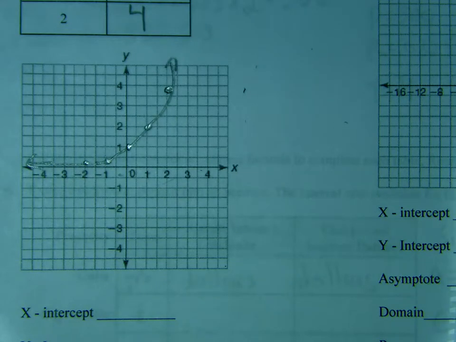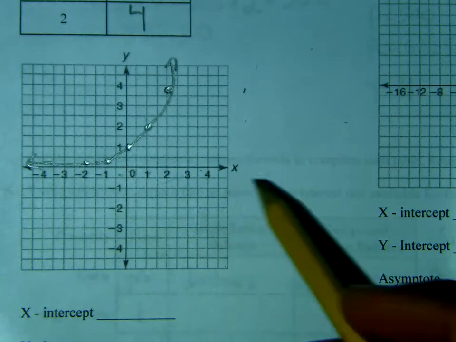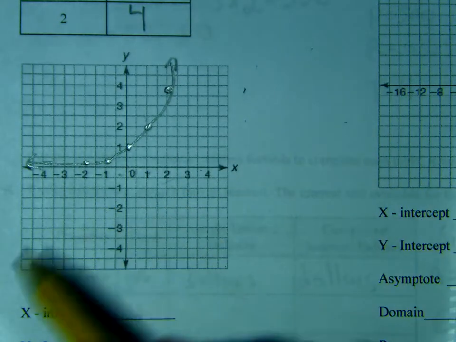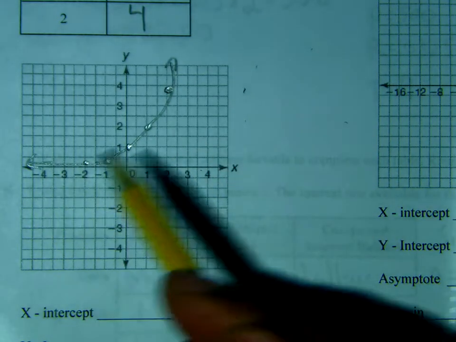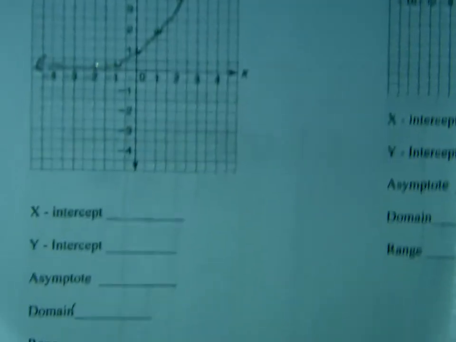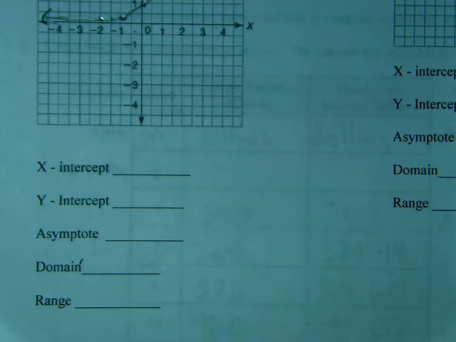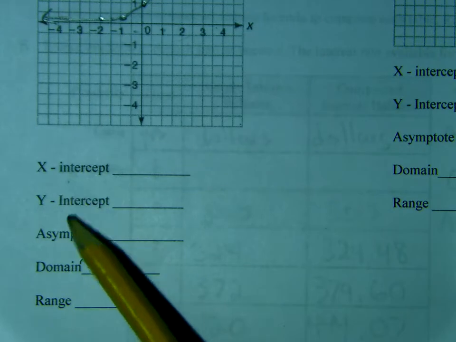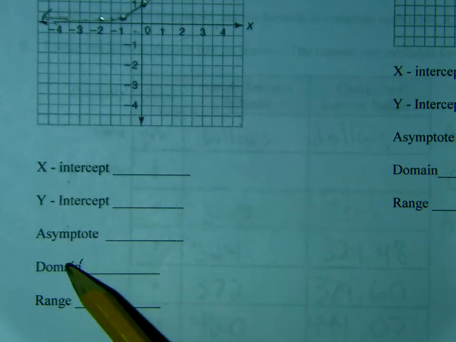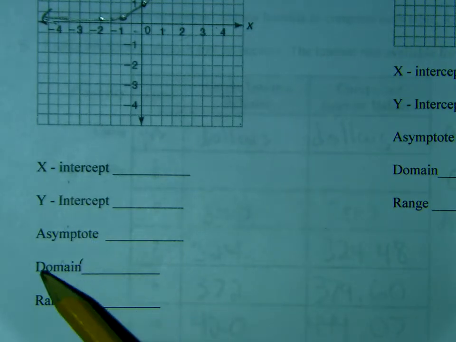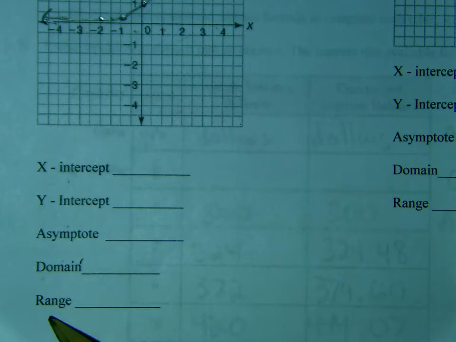Okay? Now, once this is done, we want to determine some of the parts of this exponential function. And the parts we want to know are the x-intercept, the y-intercept, the asymptote, the domain, and the range.